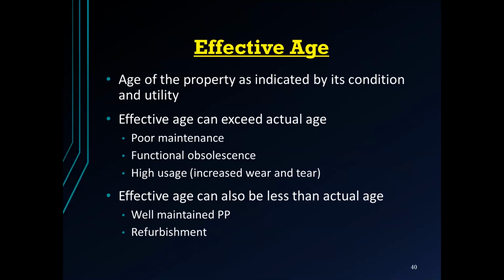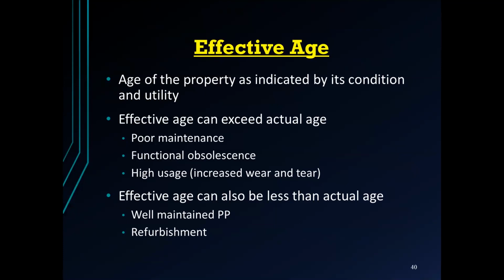So let's say you have a piece of ag equipment that's not exempt, but agricultural type equipment, it's not maintained, they leave it out, and it's subject to snow and wind and rain, and it's rusted, and it just doesn't function that well. Let's say it's only 5 years old, but the effective age might be 10 years, 15 years, just because it hasn't been maintained, poorly maintained, things like that.